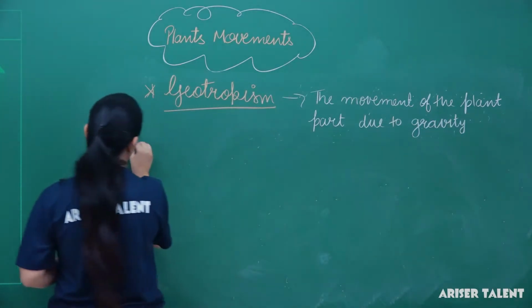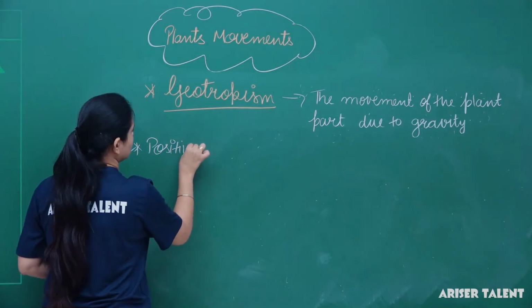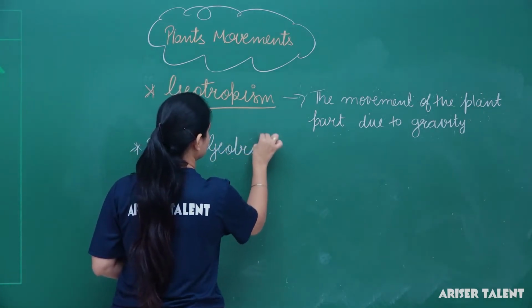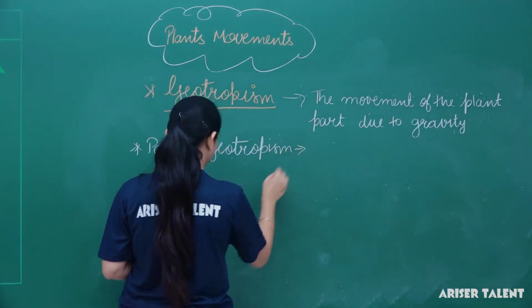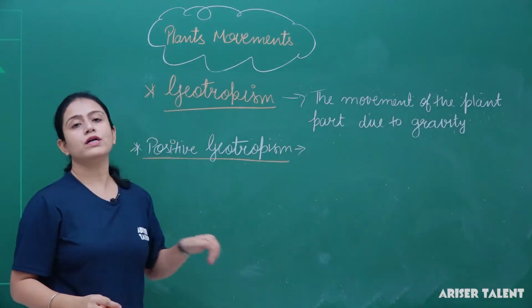Again it is of two types, positive geotropism and negative geotropism. Positive geotropism means the part of the plant which grows towards the gravity.